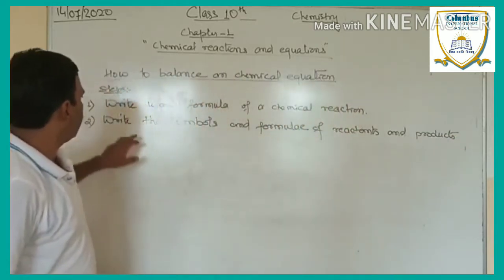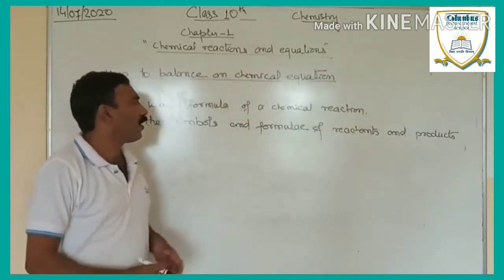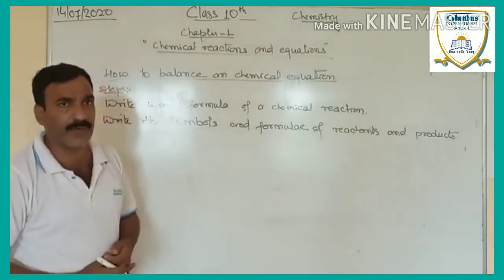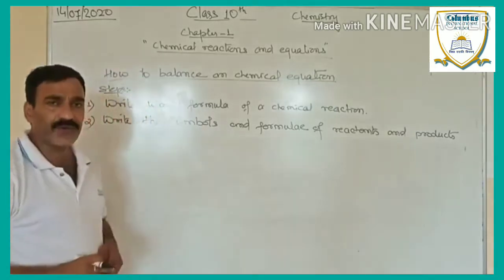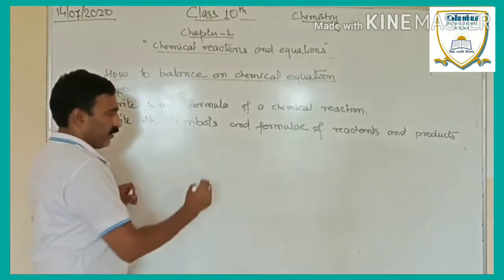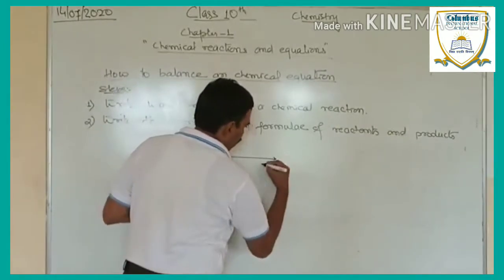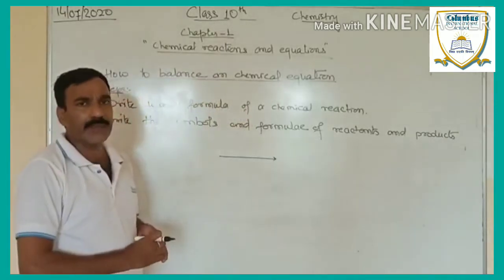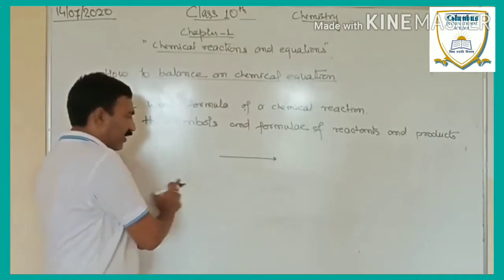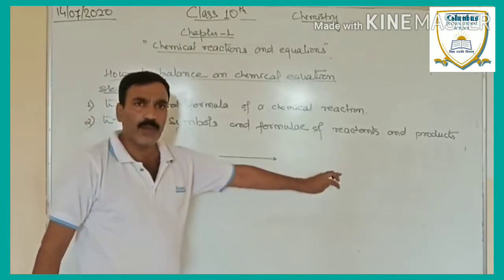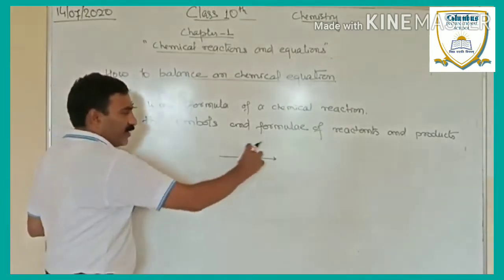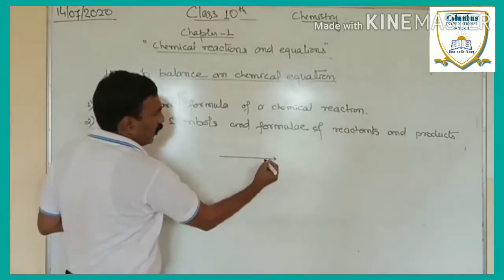The first is to write down the word formula of the chemical reaction, and if you remember, in the last class I told you how to write a chemical equation. There is an arrow mark. There are two groups in a chemical equation: the reactant group and the product group, separated by a right-pointed arrow.